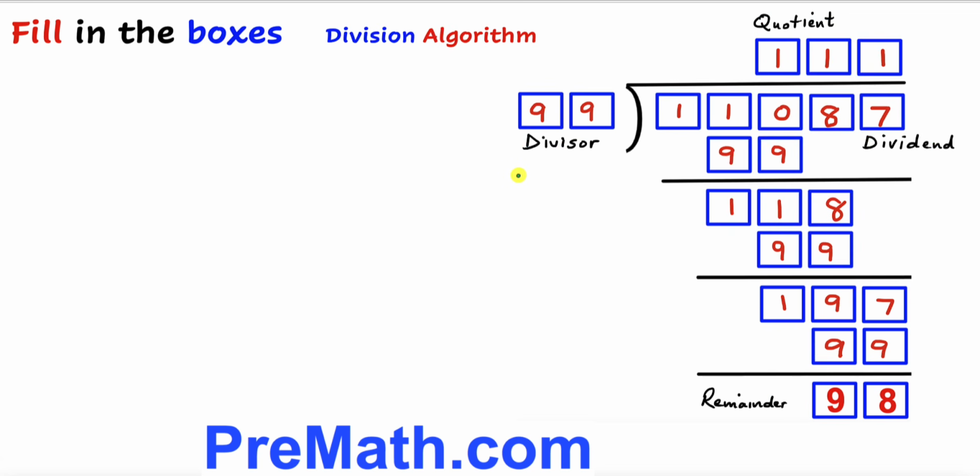So thus, after all the bunch of steps, we figured out our divisor is supposed to be 99, which is a 2-digit number. Our quotient turns out to be 111, which is a 3-digit number.